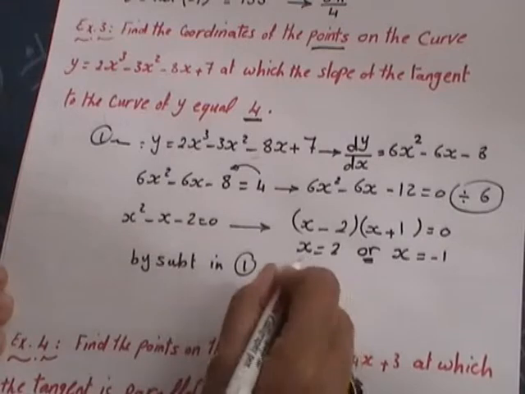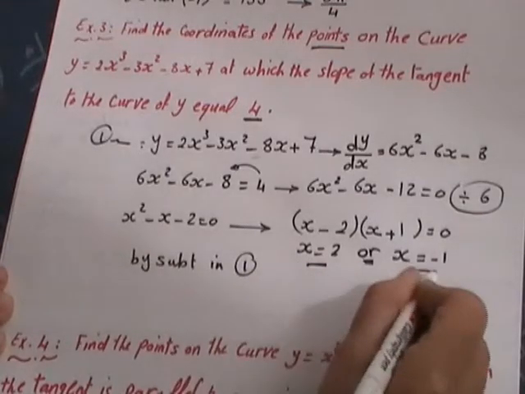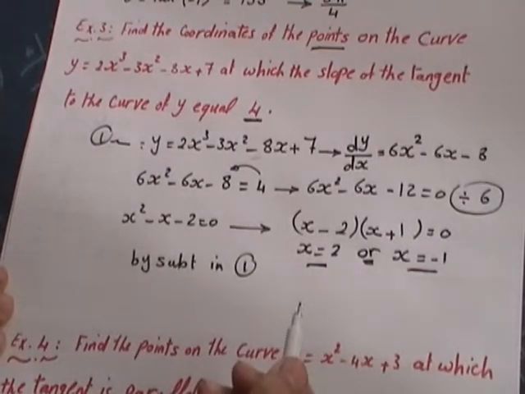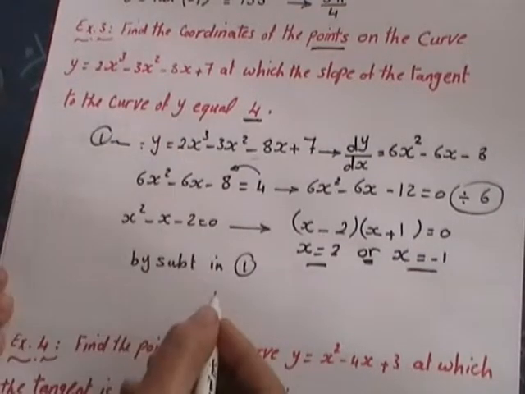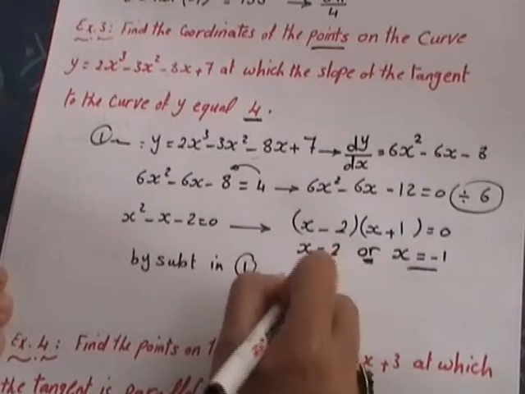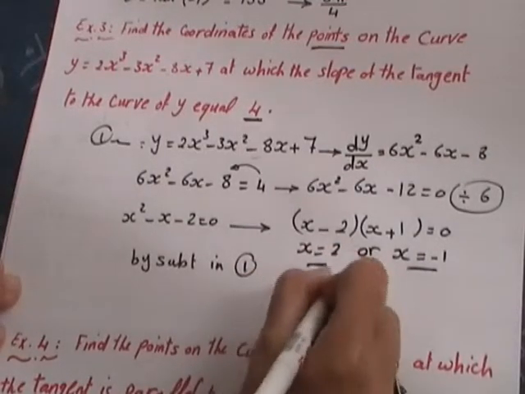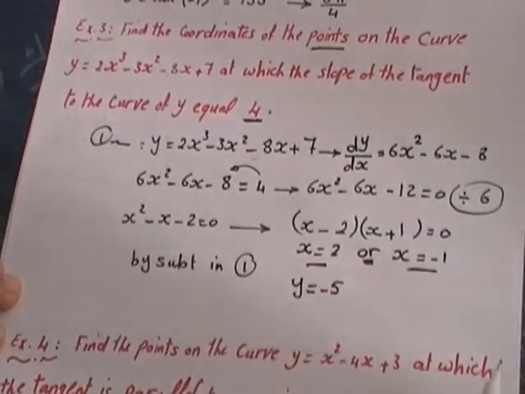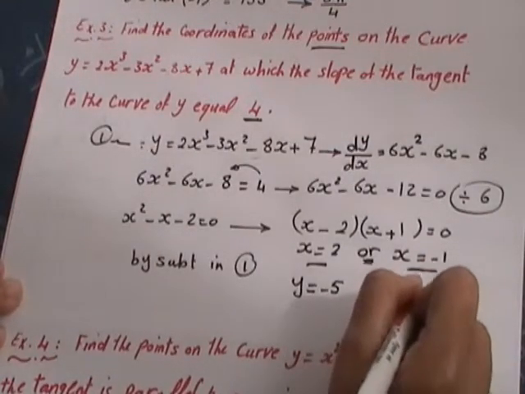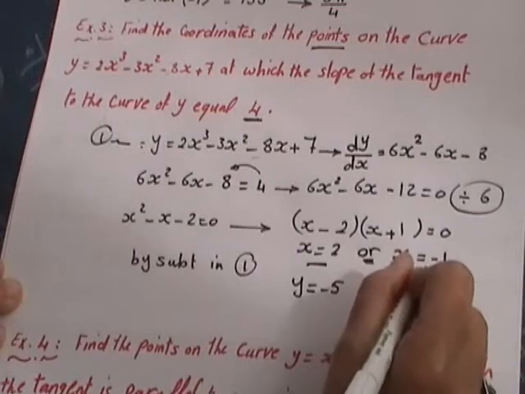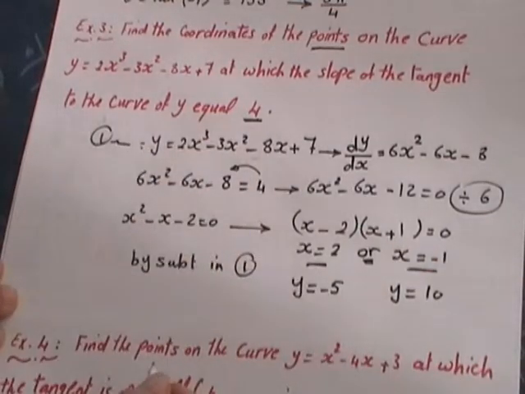So I put the 2 values of x inside equation number 1 to find the 2 values of y. y will be negative 5 if I put x equal 2, and y will equal 10 if I put x equal negative 1 in this equation.